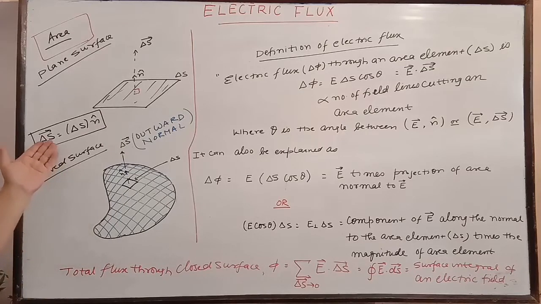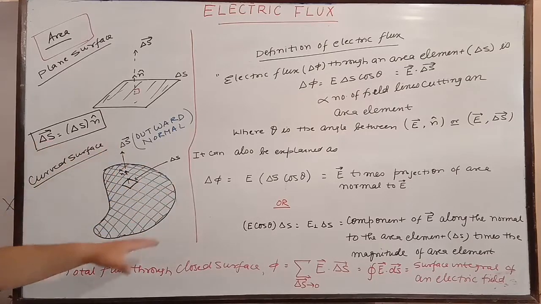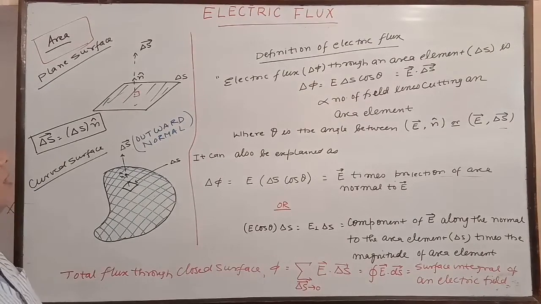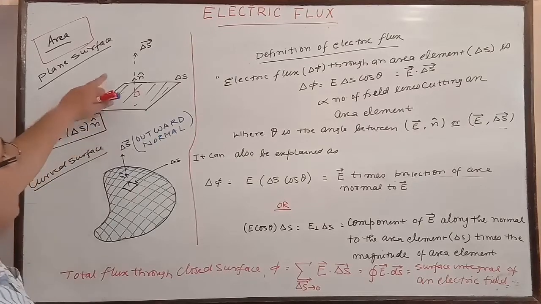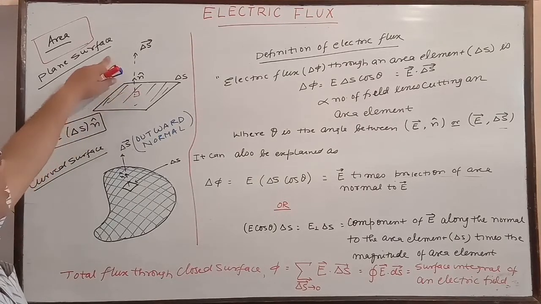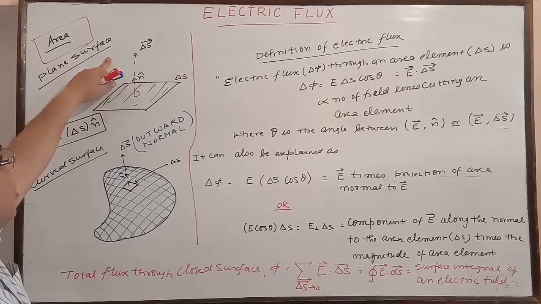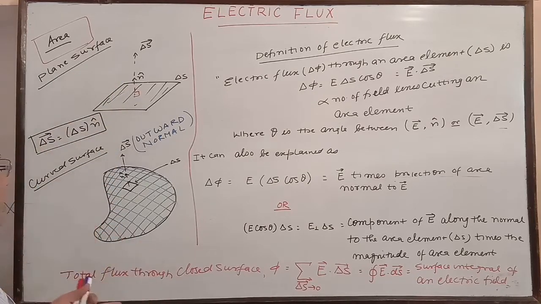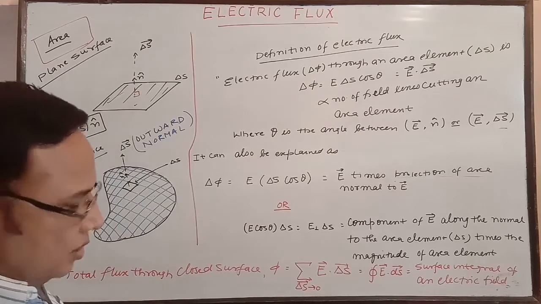The magnitude remains the same, and when the whole area is considered, we have to integrate this. So this is the direction of area considered over there. Now we know the direction of delta S, that is the area vector. It is normal to the plane of the element of area, and for a closed surface it is the outward normal, which is the convention we had chosen.